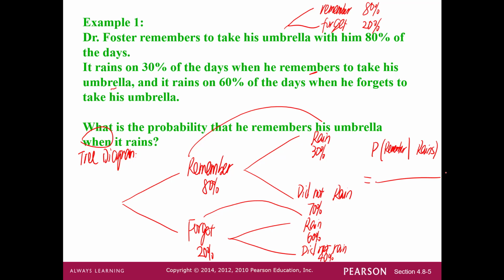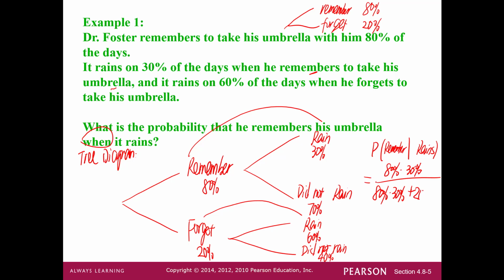So the percentage of that will be 80% times 30%, divided by 80% times 30% plus the other condition when he forgets and it also rained. So you want to find the percentage under the given condition that it rains, and he remembers and he forgets.